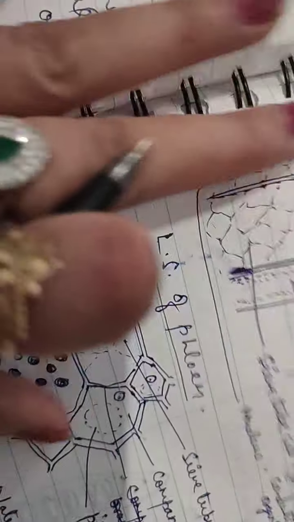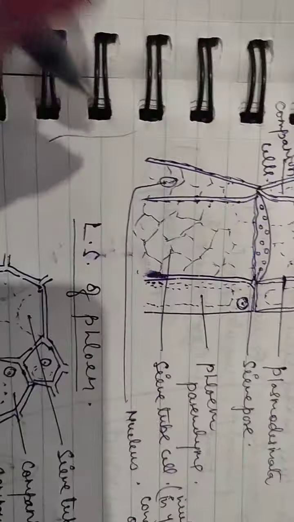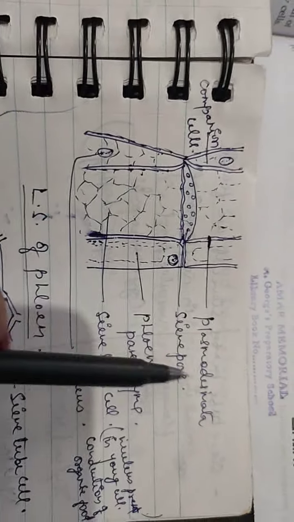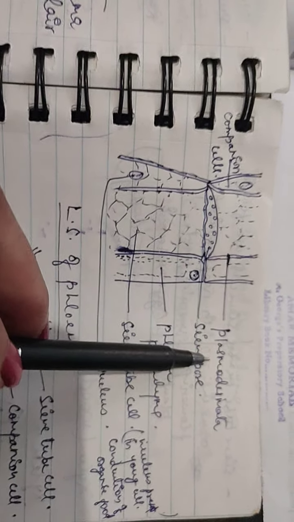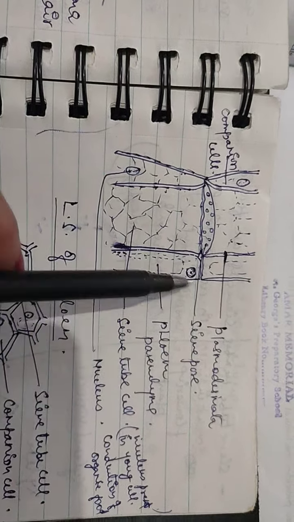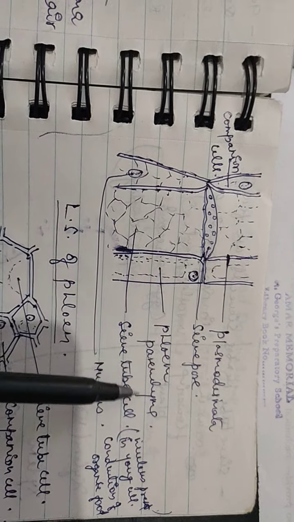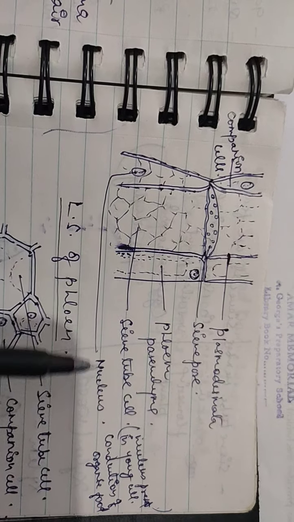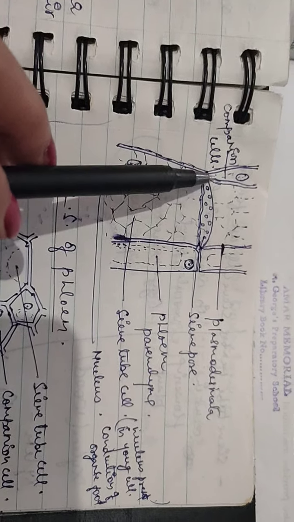So you can see the diagram here. This is the LS of phloem, longitudinal section of phloem. This is the plasmodesmata. It is a cytoplasmic connection between two cells. Phloem parenchyma, sieve tube cells, nucleus, companion cells.